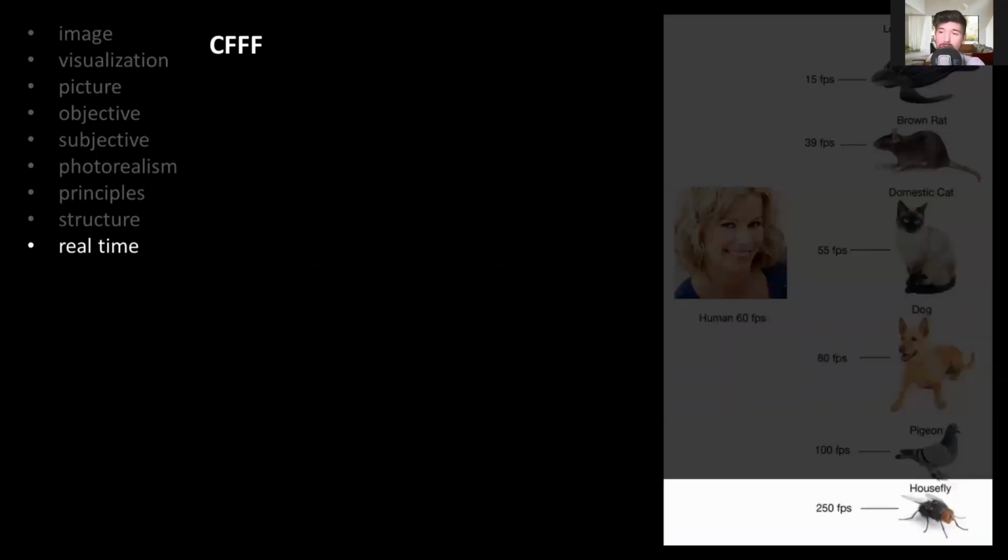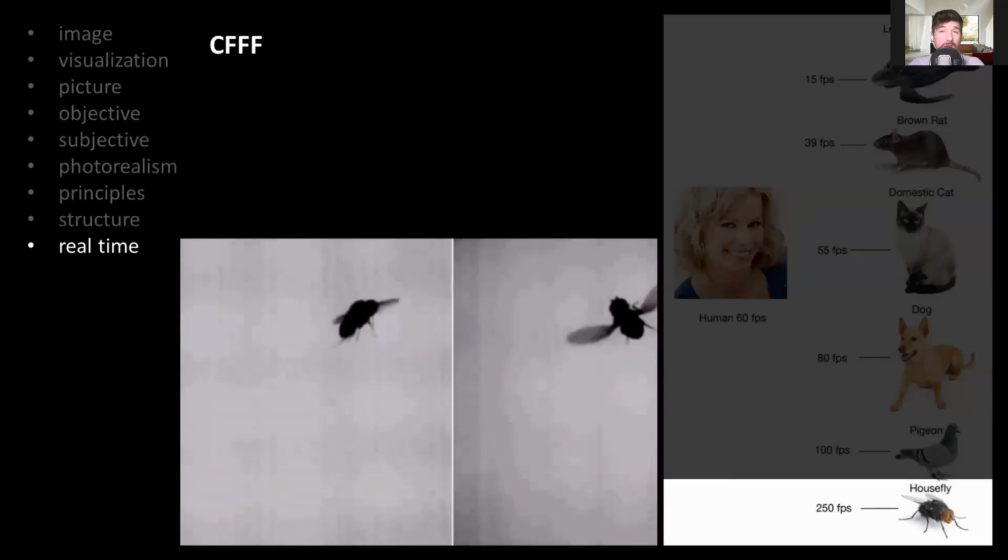This is why, for example, the housefly, which has a very fast metabolism and around 250 frames per second for observing reality, is very difficult to catch with your bare hand. You are moving so slowly in reference to the fly's capabilities to detect movement around it. If you were moving your hand very slowly to catch a fly, it's like growing grass for us, if we want to make an analogy.